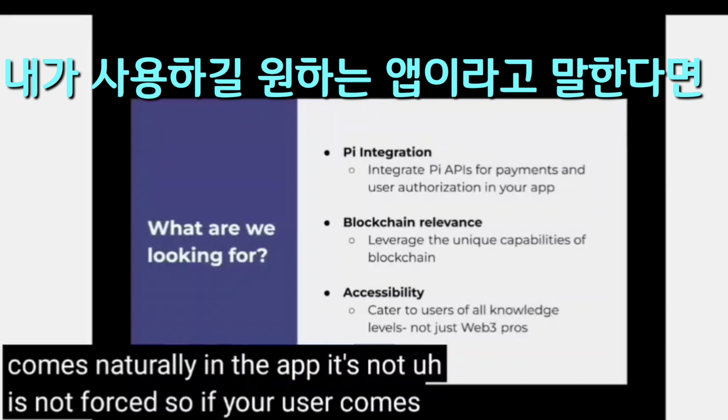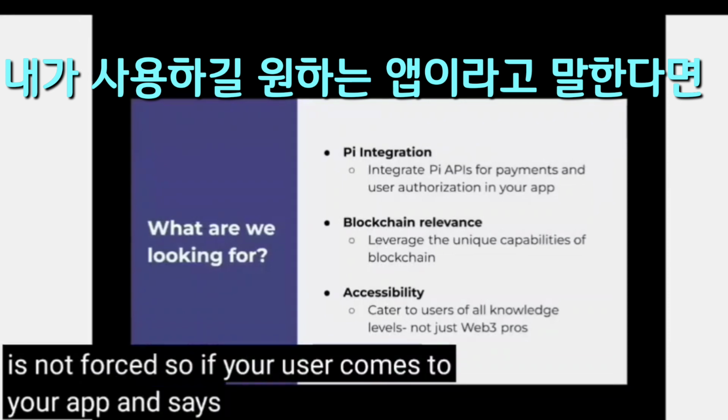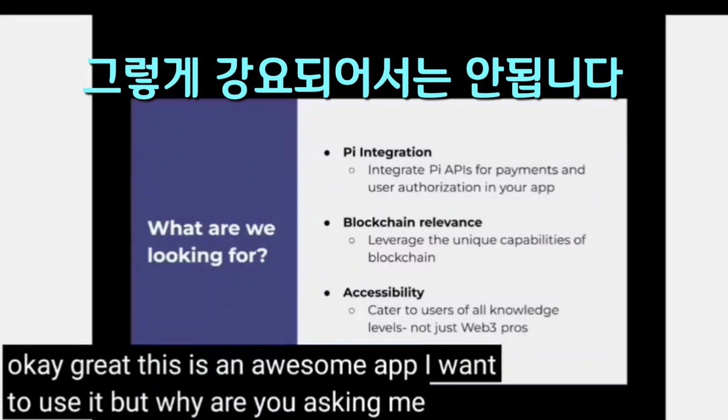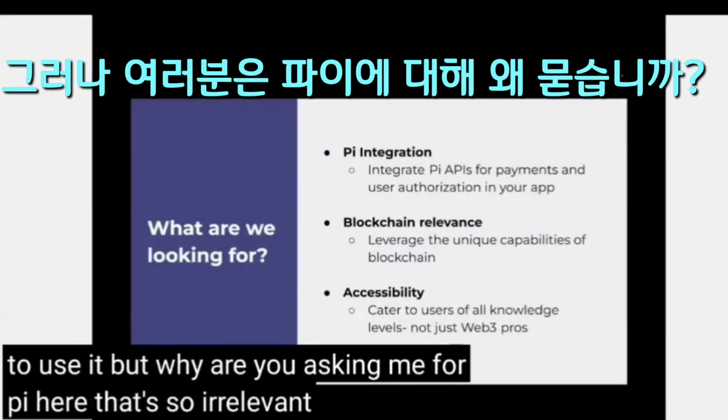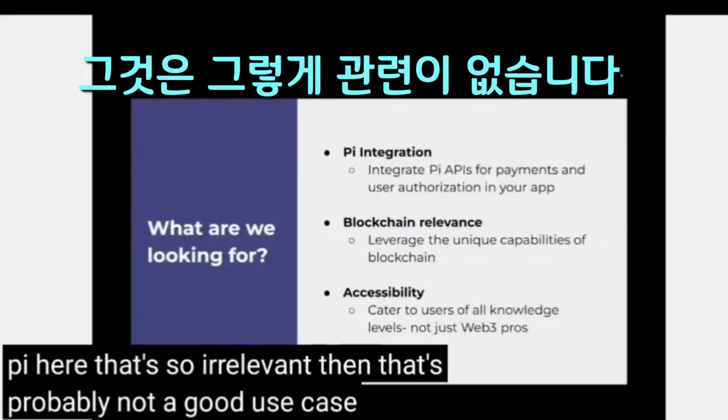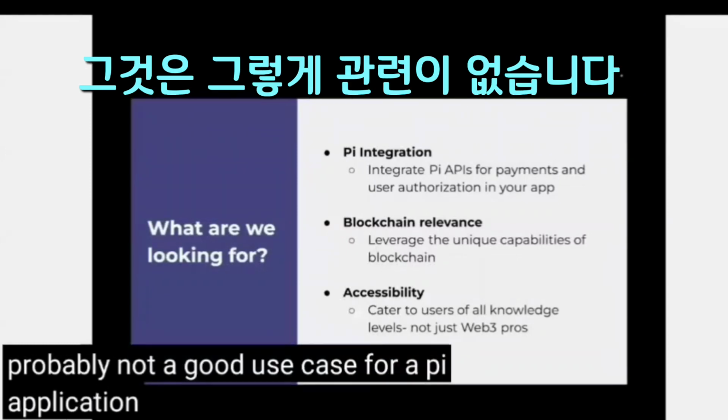If your user comes to your app and says, okay, great, this is an awesome app, I want to use it, but why are you asking me for Pi here? That's so irrelevant. Then that's probably not a good use case for a Pi application.